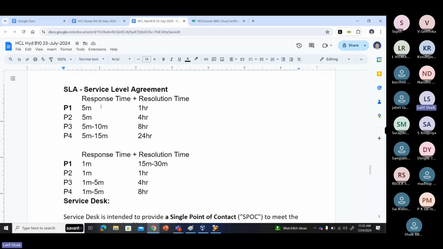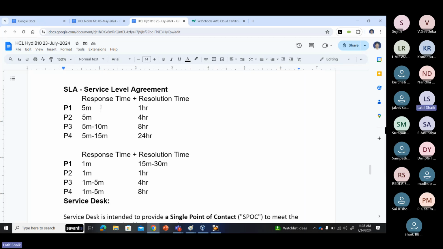Okay, so you have to give a response immediately when you receive a ticket, whether it is P1, P2, P3, P4. Then there is a resolution time. Depending upon the issue, the resolution time is also defined based on your priorities.